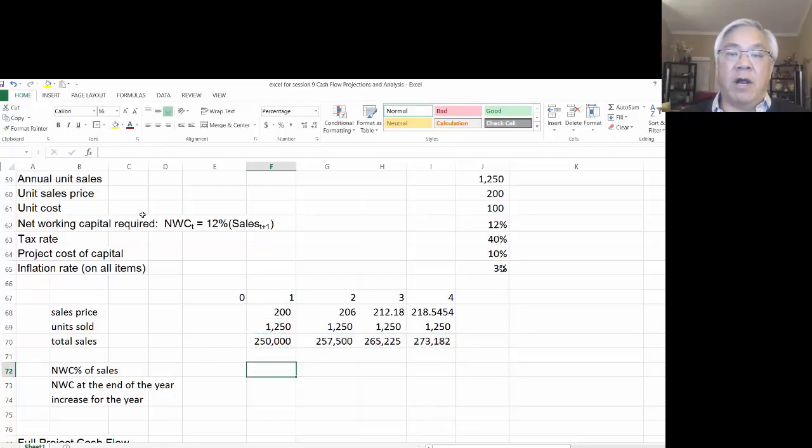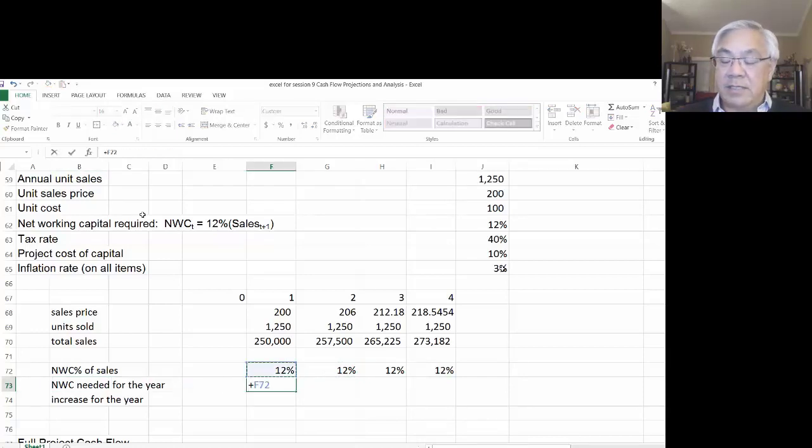Now we get to working capital required for that year. And we're given that percentage, and that stays the same for each year. Now it's very likely that that would change over time. But let's just keep that as is. In year one, we need 12% times 250. And we have that for each of the years.